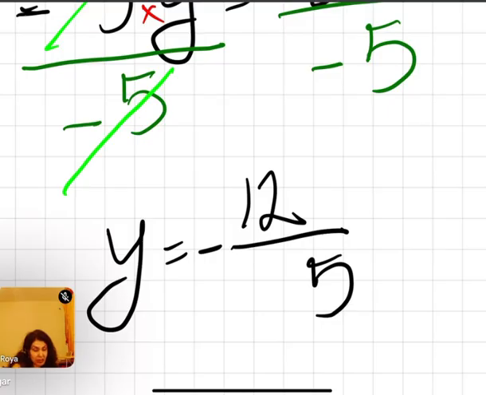It means that the numerator, the top, is bigger than the denominator. If you convert it to a mixed number, 12 divided by 5, put the negative sign on the side. 12 divided by 5 is 2, and the remainder is 2 as well, so 2 over 5.